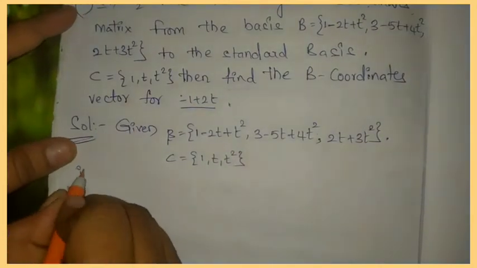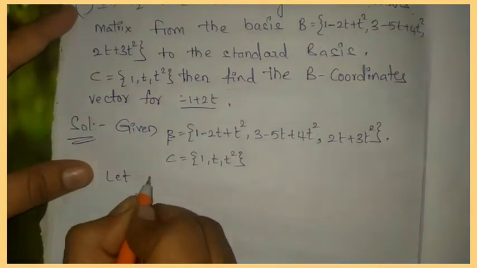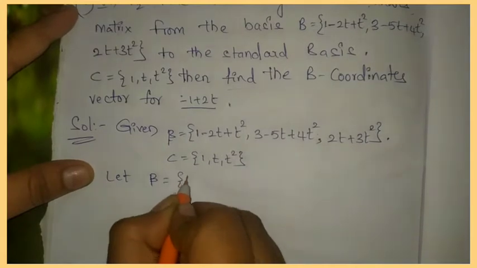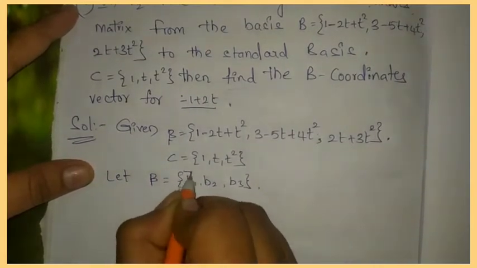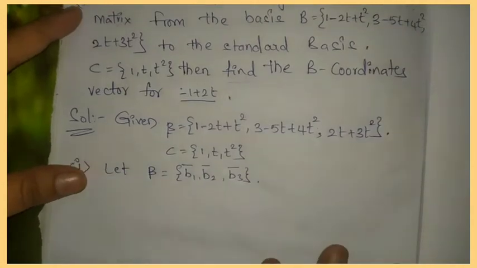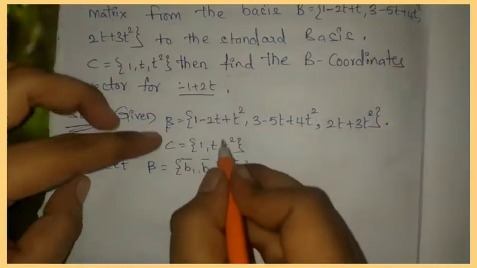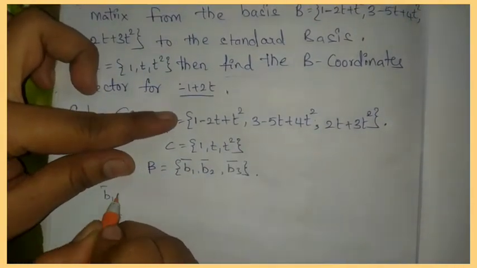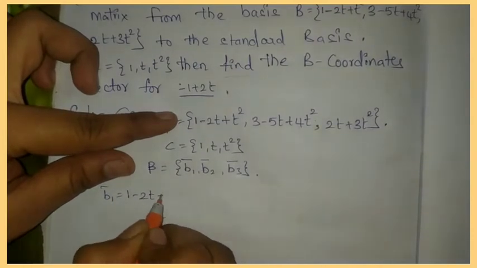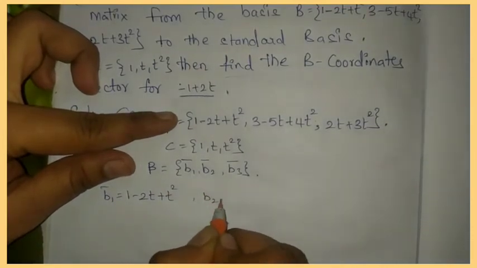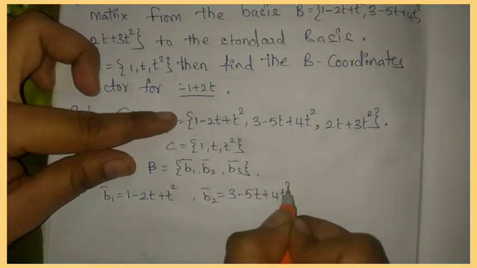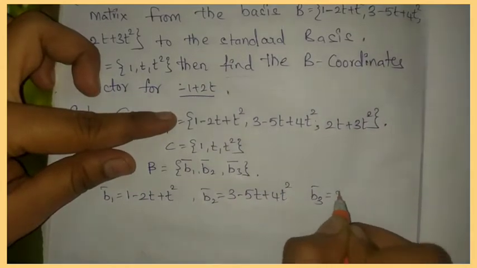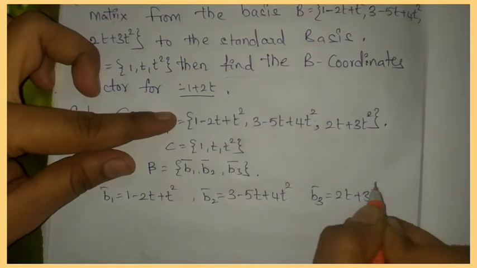So first question, okay, let B is equal to b1 bar, b2 bar, b3 bar. Then compare these two, we will get b1 bar is equal to 1 minus 2t plus t square, b2 bar equal to 3 minus 5t plus 4t square, and b3 bar is equal to 2t plus 3t square.